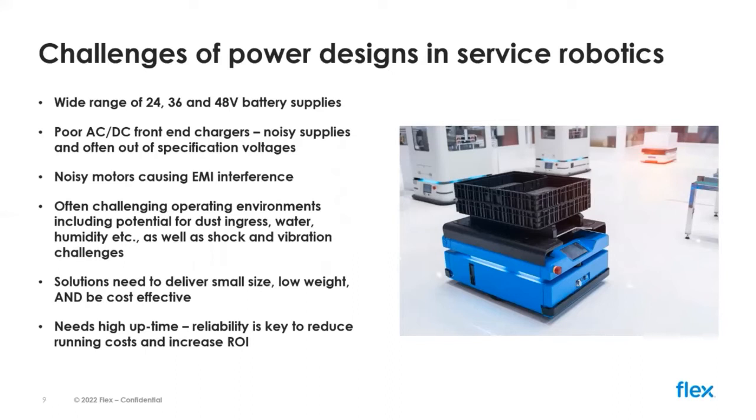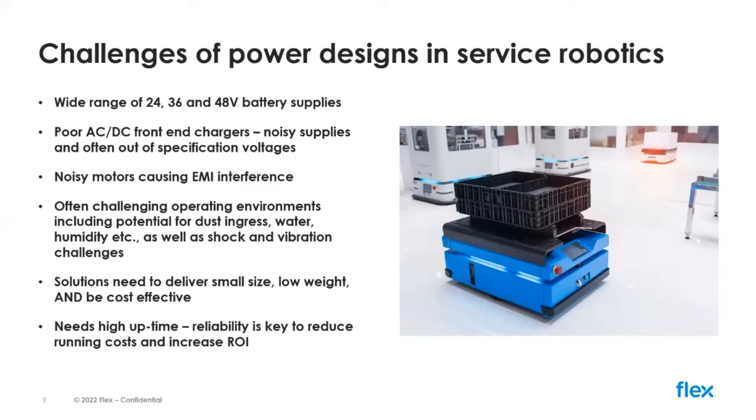In some instances, there's even talk of higher battery voltages being used, but typically it's maintained below the 60 volt safety extra low voltage level, just purely for safety reasons, of course. That means there's a wide range of input voltages to cater for when it comes to the power supply. If you're trying to consider all the different applications globally, then we need to have some sort of solution that can cope with all these wide input voltage ranges.